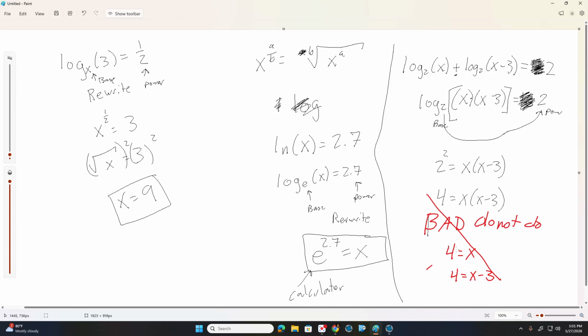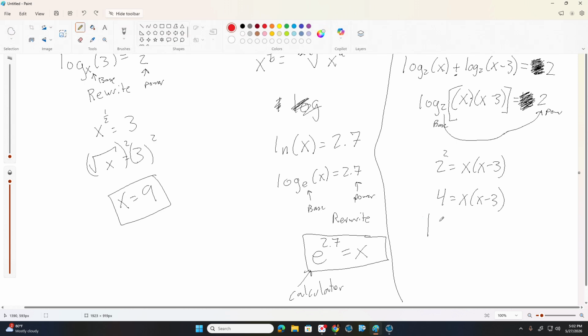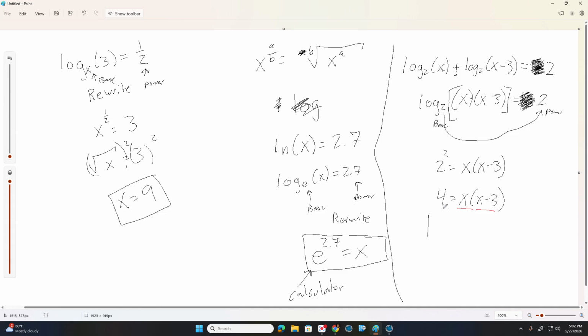You cannot do that. We only did that in a previous lecture because of the zero product principle. There are only two numbers that multiply to equal 0. One of them has to be 0. There are tons of numbers that multiply to equal 4. Okay? Not any of them have to be 4 individually.